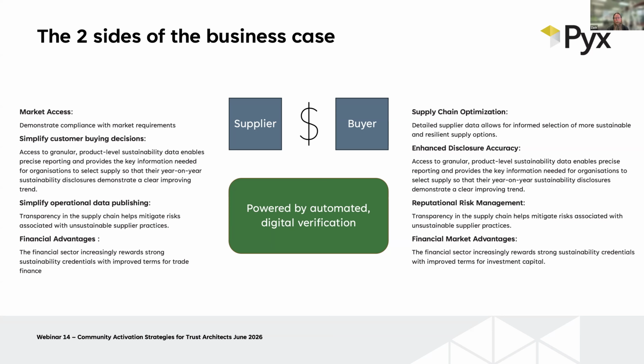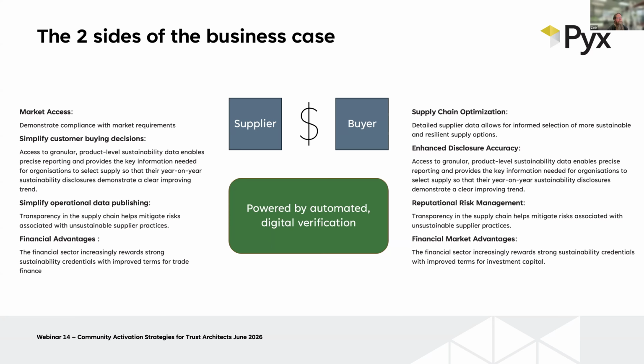And where UNTP can add additional value is by allowing a supplier to supply a similar product at a lower cost or higher value. And from a buyer's perspective, you might pay a little bit more for something if it means that you can produce your products at a lower cost or sell them at a higher value, right?